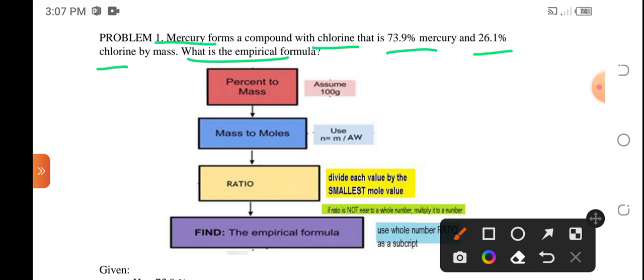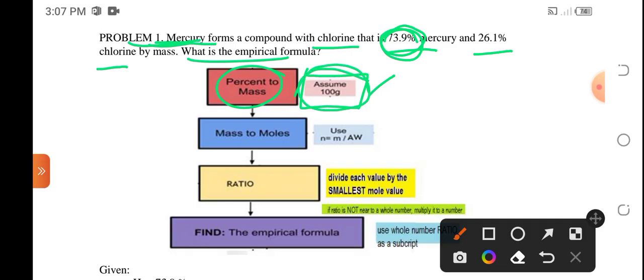So steps could be, you have to convert first the percentage into mass. So percent into mass, anong gagawin natin dito? Mag-a-assume tayo. Assume 100 grams. Kasi nga, wala naman nakalagay dito na mass nung ating compound. Kaya kapag walang mass na dineclare, of course, you could have the assumption.